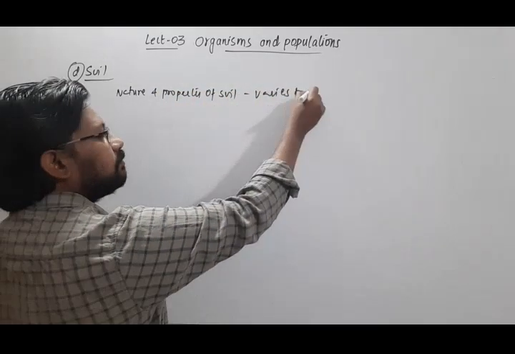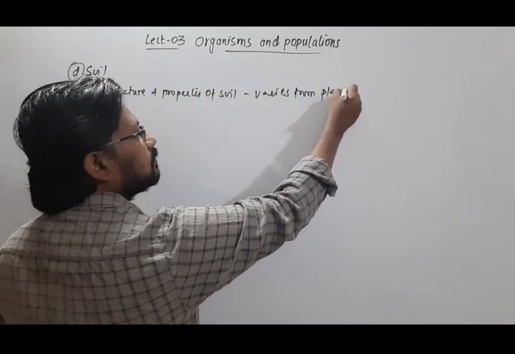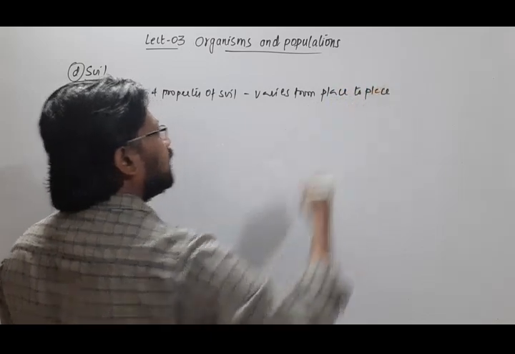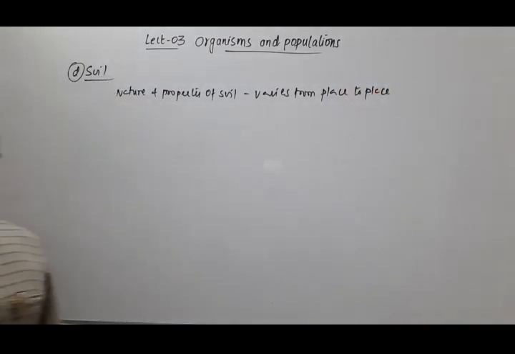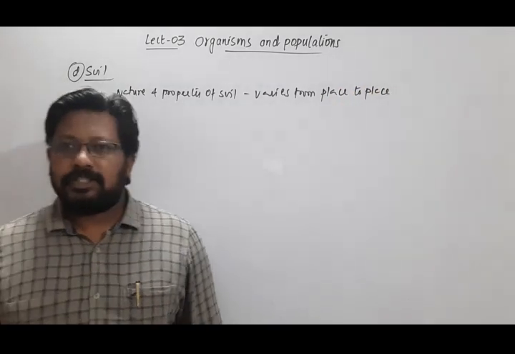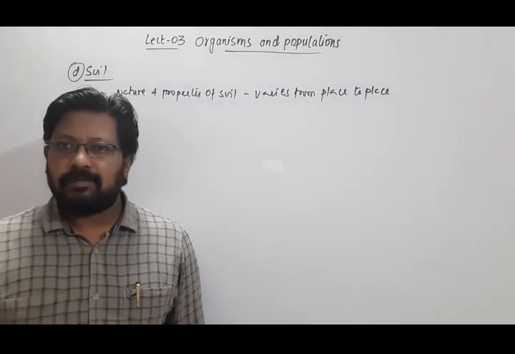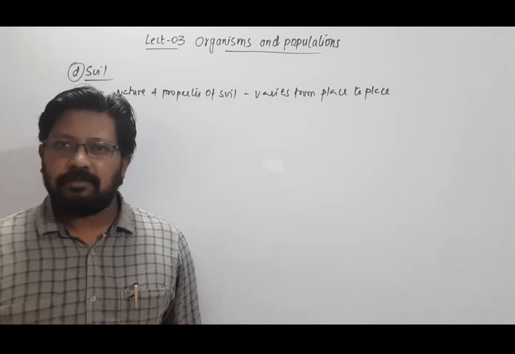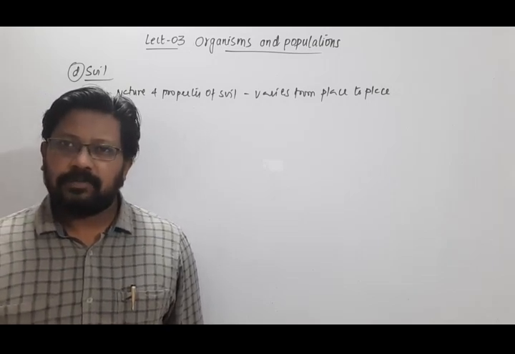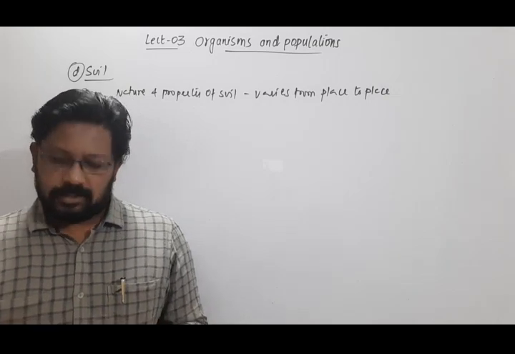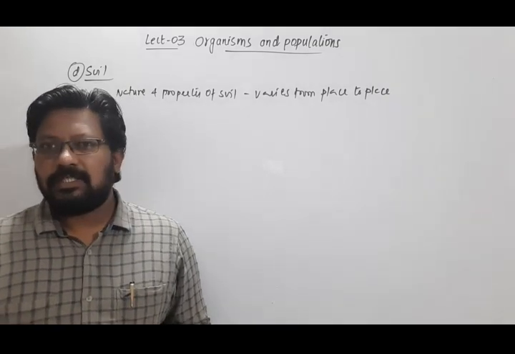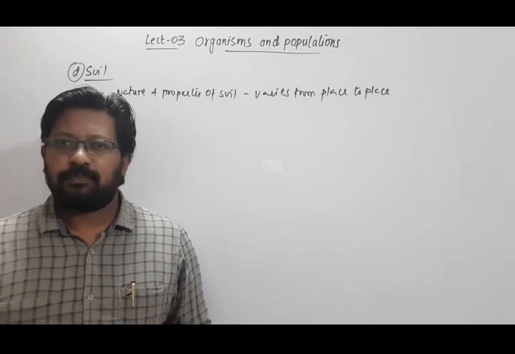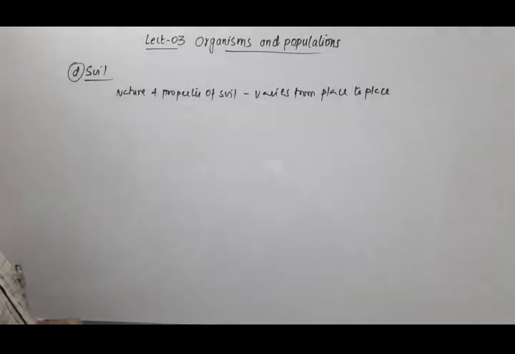When we see different locations, in your area, in your agricultural land, the place in which you live and the college in which you study, if you look at the type of soil, you can see the differences in the composition of the soil. So the nature and property of the soil will vary from place to place.